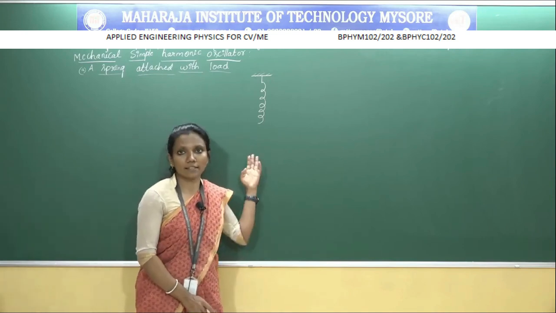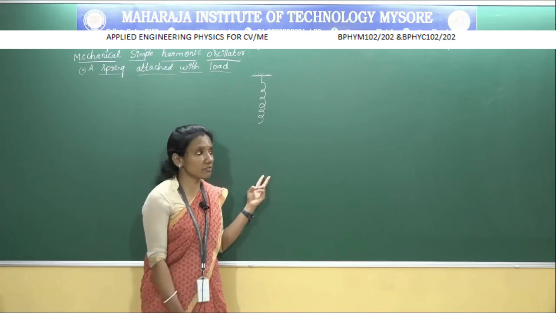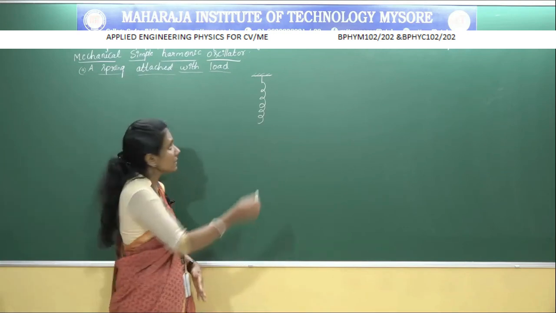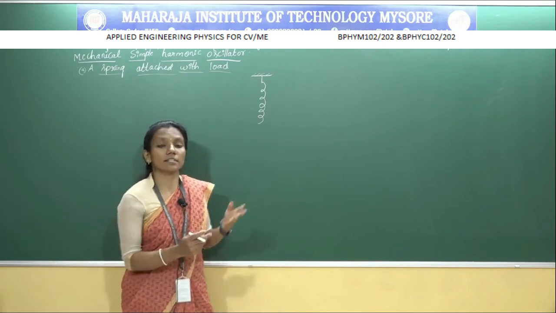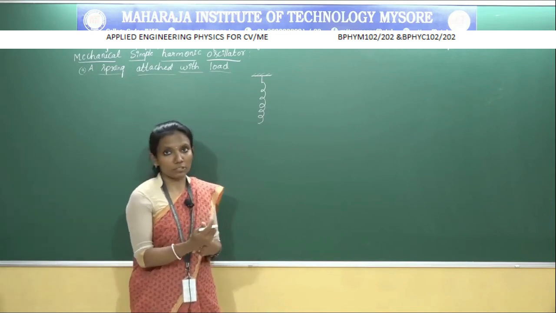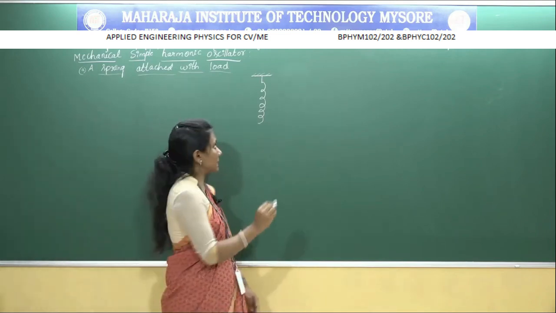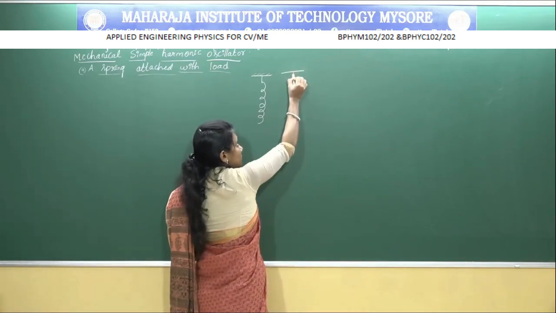It is in the form of a helical structure. When we attach a load to it, what will happen? The extension takes place, and a restoring force acts on that spring, that we know.